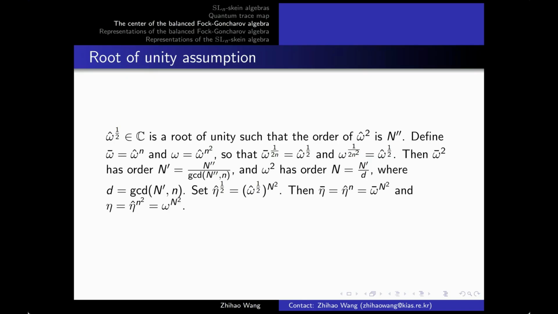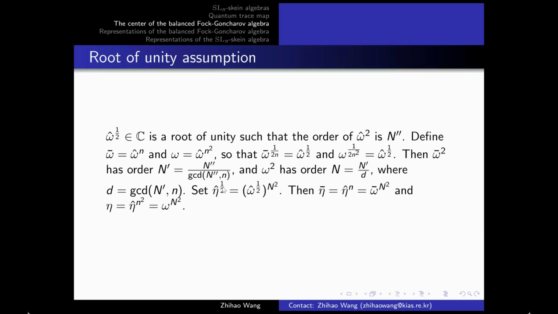And then omega bar square has order n prime. This is the definition for n prime. And then omega square has order n. The n equals n prime of d, where d is the greatest common divisor between n prime and n.